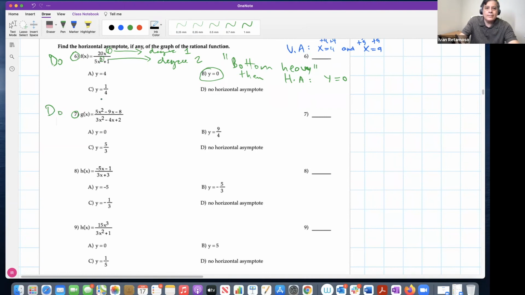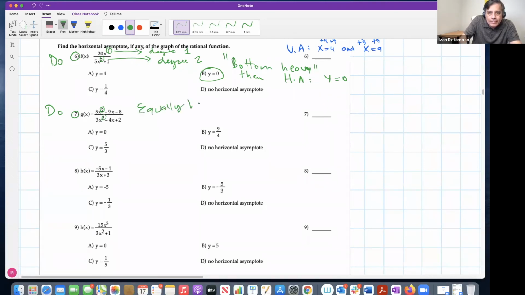Do this now, guys. What should be the horizontal asymptote, the equation of the horizontal asymptote there? Yeah, Savannah, very good. Lucero, very good. Excellent, right? Notice that this has exponent 2, equally heavy, right?